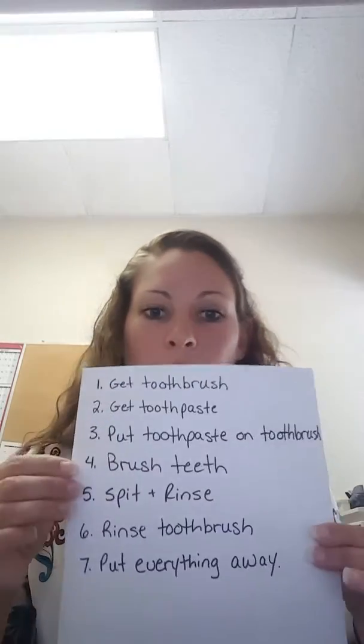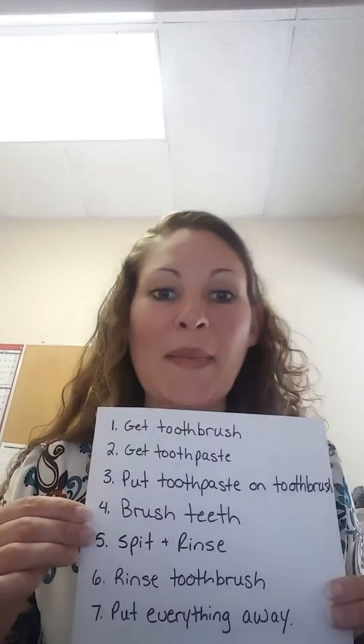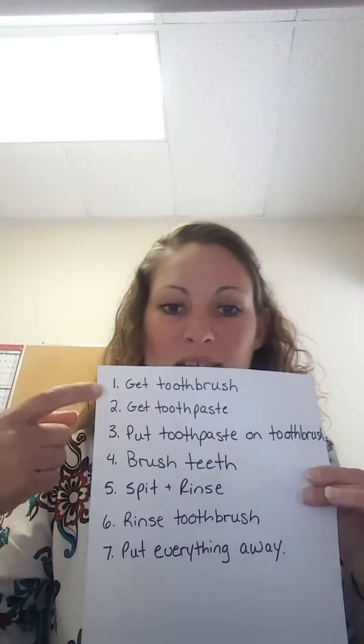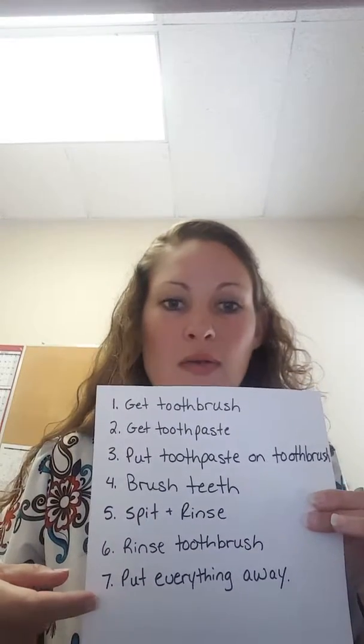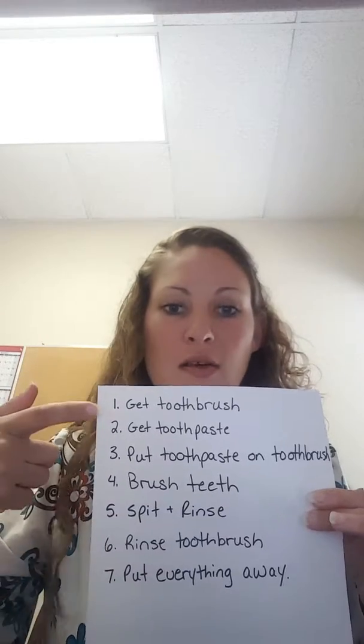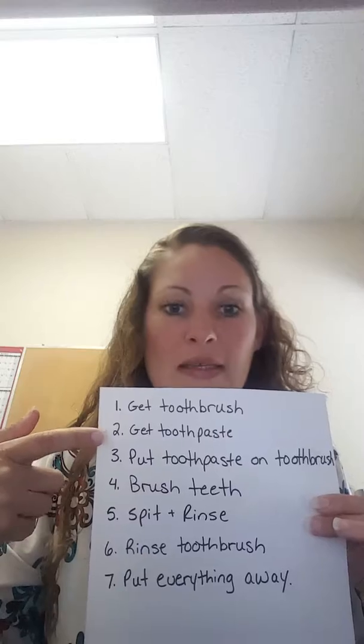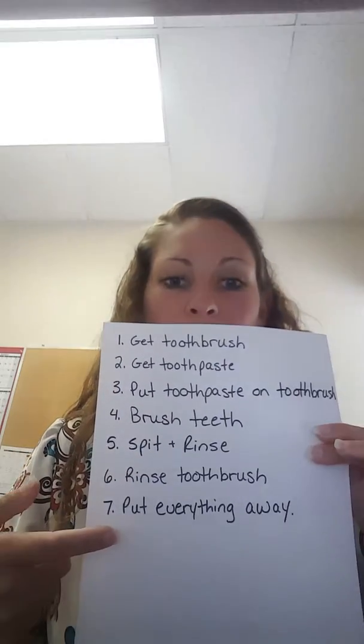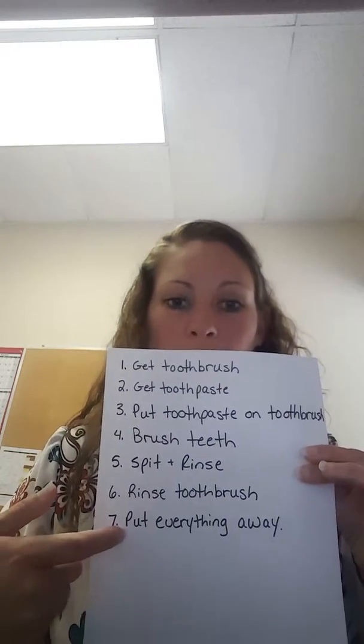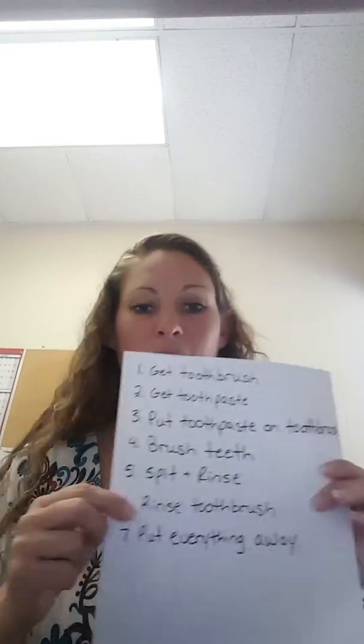An example of a task analysis I have right here. You can see the words are backwards, but this is a task analysis for how to brush your teeth. And so the first step is get the toothbrush, the second step is get the toothpaste, and then they continue all the way to the bottom of put everything away.